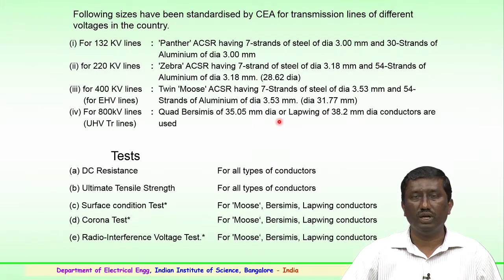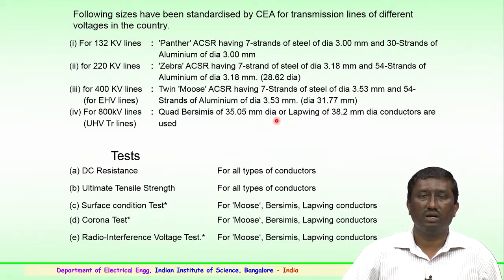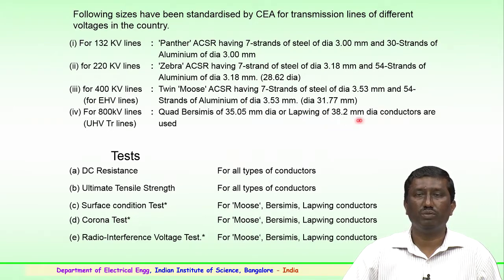In case of Bull, it is 36 mm dia, and for Lapwing, 38.2 mm dia conductors are used. Quad is the 4 bundle conductor, twin is 2 bundle, and for higher voltages you have quadruple bundle or 8 bundle, which is octo bundle conductors. Similarly, depending upon the voltage level and the current carrying capability, the number of conductors in a bundle is chosen.